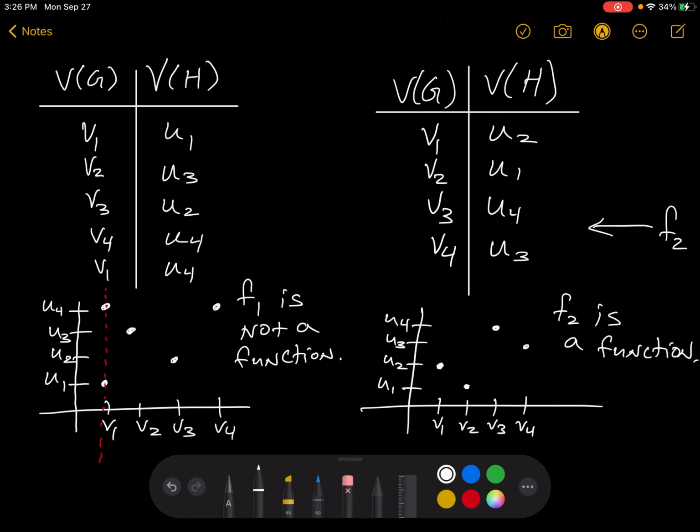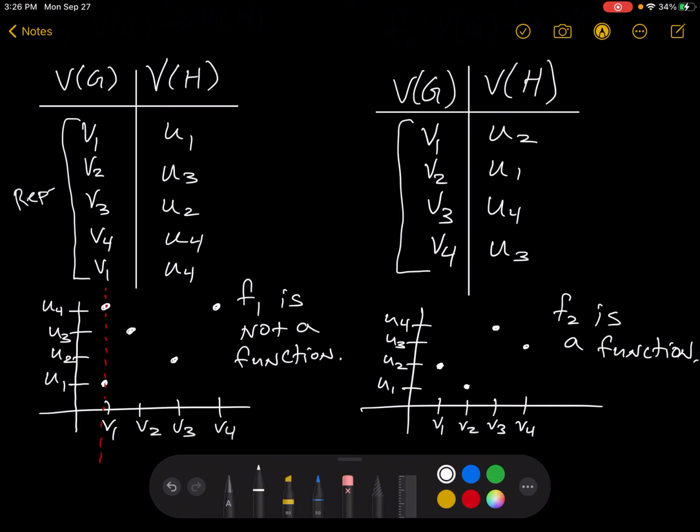All right, so what is it about these tables that tells us if something is a function or not? Look at the first columns. In the first column for F1, notice that there are repeats. V1 is repeated. In the first column for F2, there are no repeats.